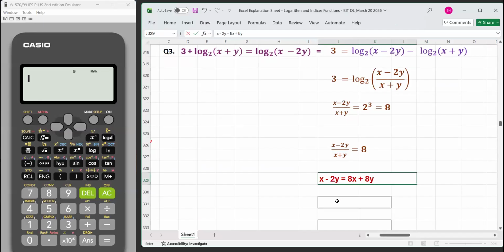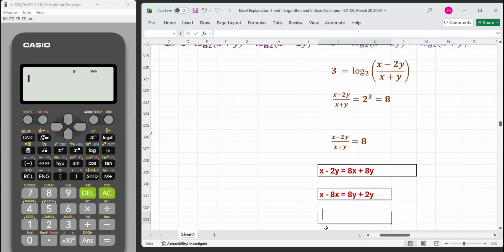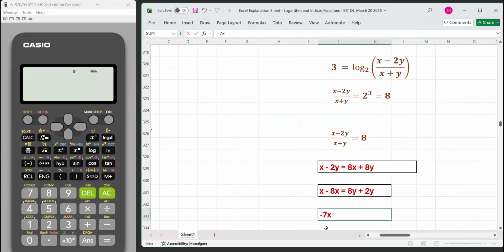If we group like terms, taking all the y's to the right and all x to the left, x minus 8x should be equal to 8y plus 2y. So the final answer gives minus 7x equals 10y.